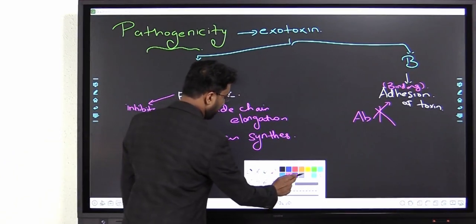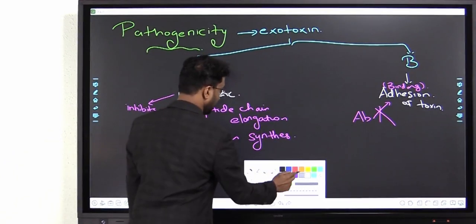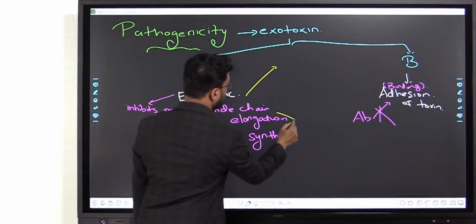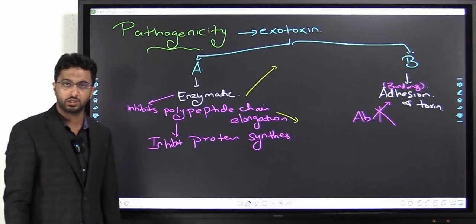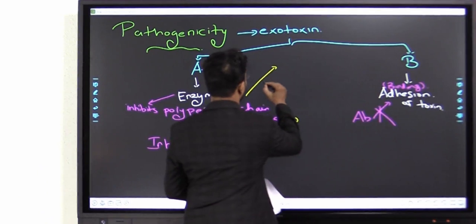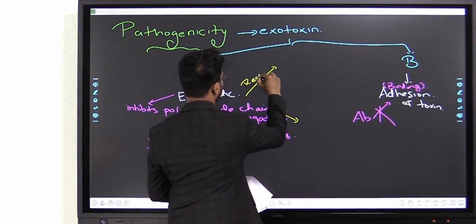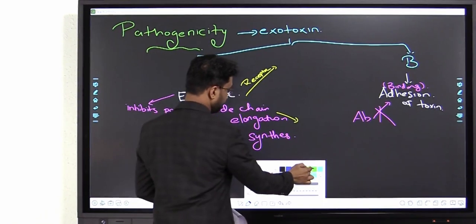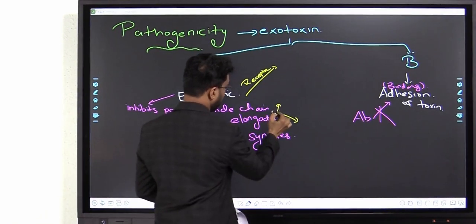Now, as I've told you, this acts on a receptor and it inhibits a particular gene. So what is the name of the receptor? I'll just write it here, receptor, and here it is going to be gene.